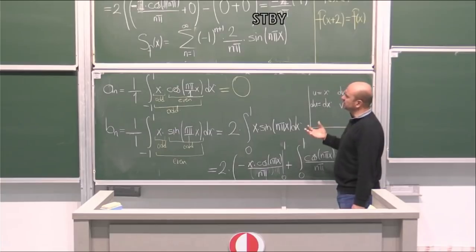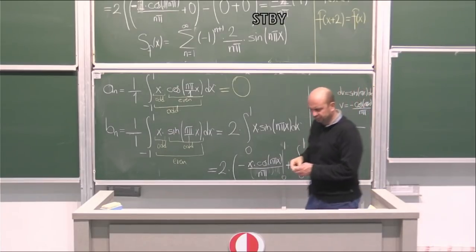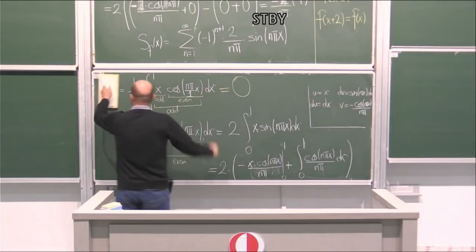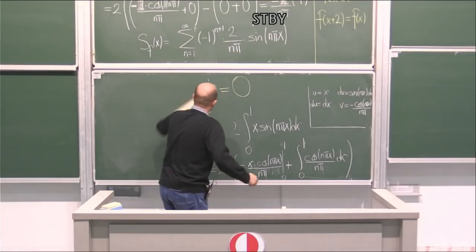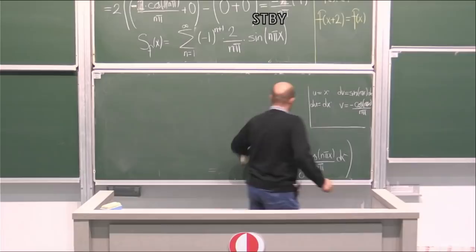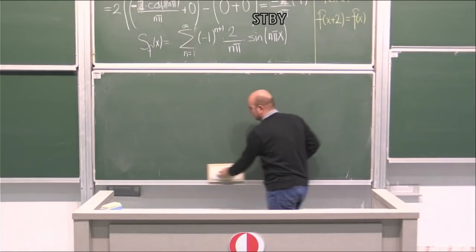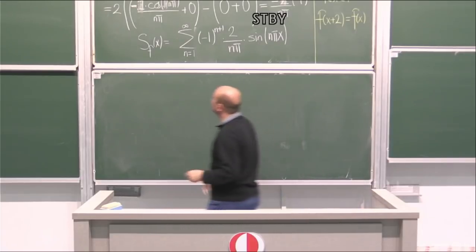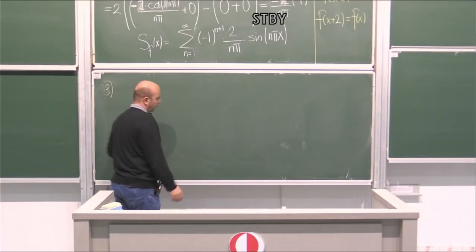If our function is an odd function, we will have just sine series. I will do 2 more examples and then finish today's lecture. Oops, now, we were going with an order, so let's take 3.